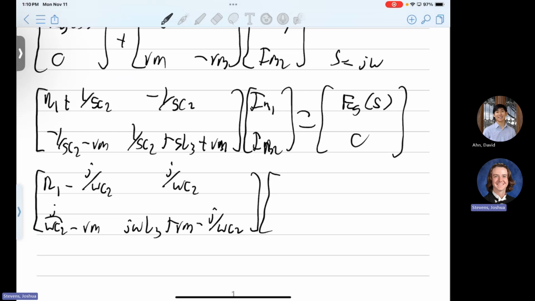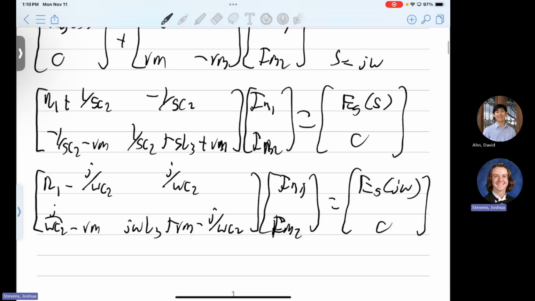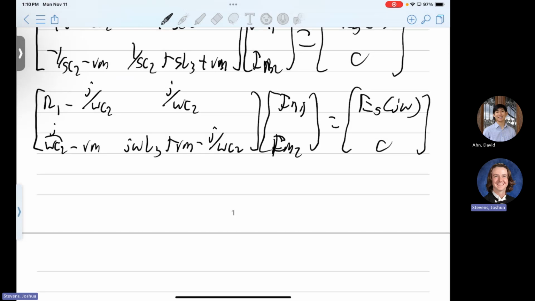And this is all just still equal to, that's supposed to be a 1, IM1, IM2 equals EG of J omega, 0. The reason is that 1 over J omega is the same as saying negative J over omega C2. Do y'all agree with that? So that's why these then become negative when the J is moved up top.